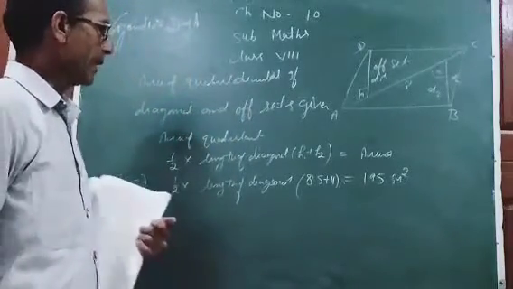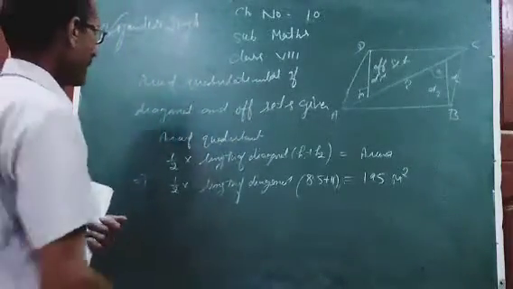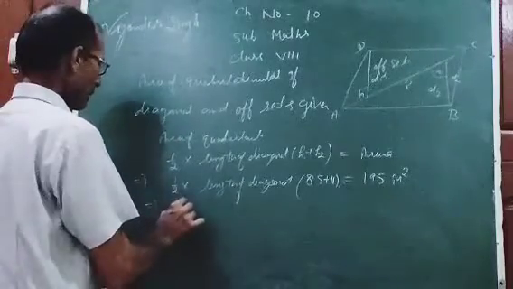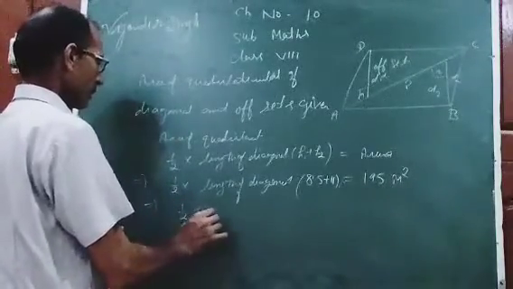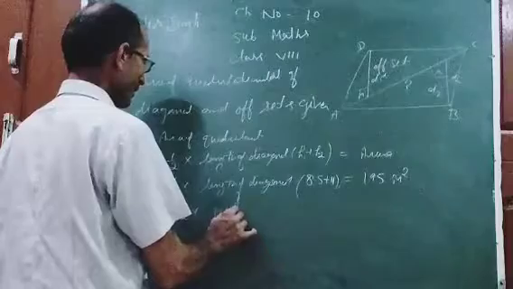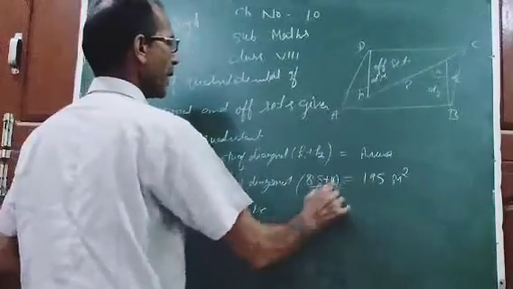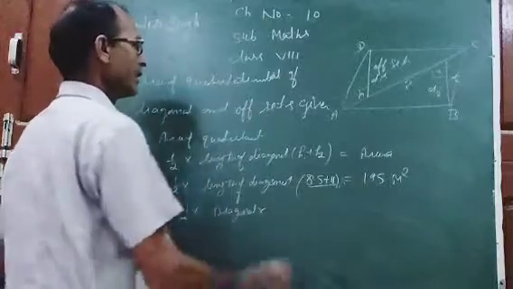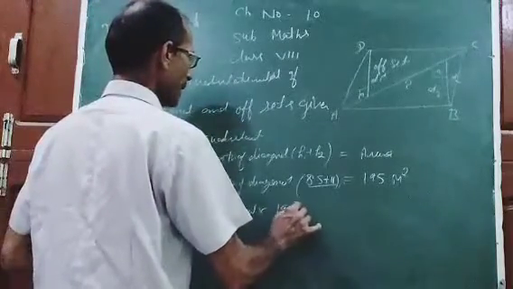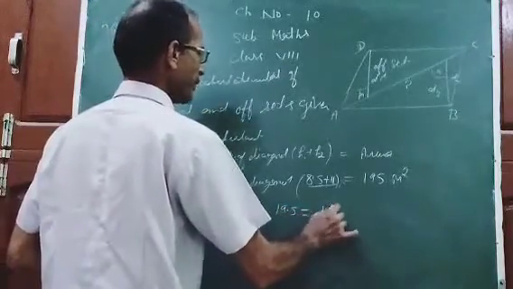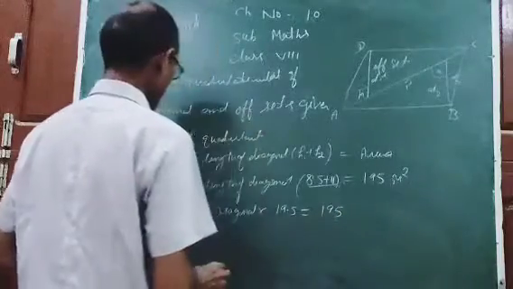We have to find the length of the diagonal. So 1 by 2 diagonal into 8.5 plus 11, so it will be 19.5, is equal to 195.